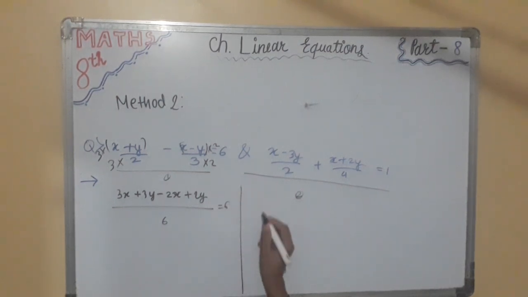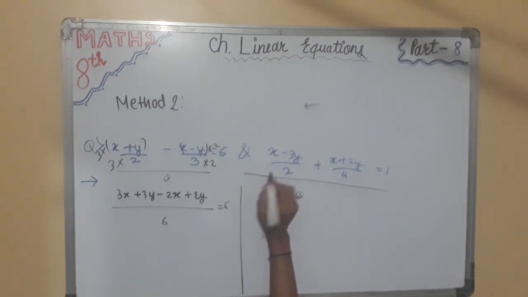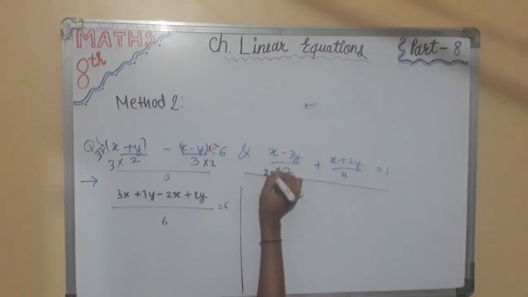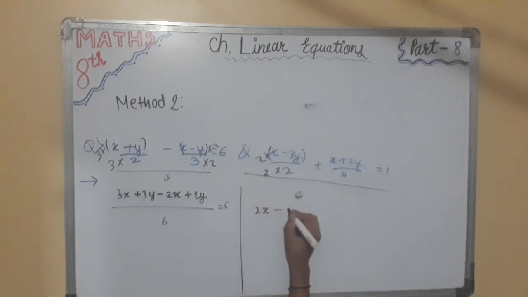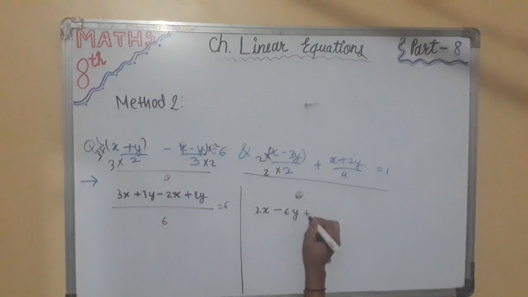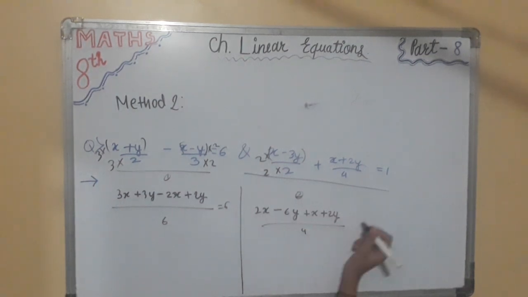And in the second equation we have to multiply only this term by 2, like this: (2x - 6y + x + 2y) upon 4 is equal to 1.